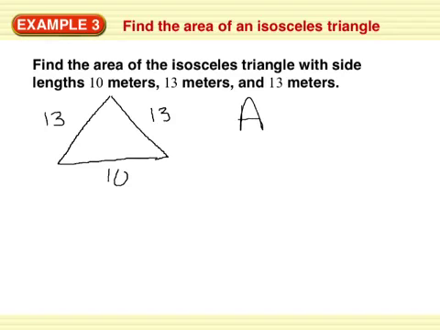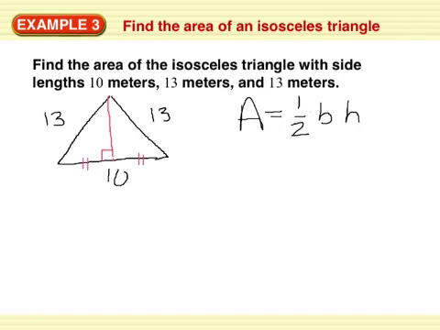Area of a triangle is 1/2 base times height, with the height being the distance from the vertex to the base. What's cool about an isosceles triangle is when you draw that altitude, it cuts the base into equal pieces.